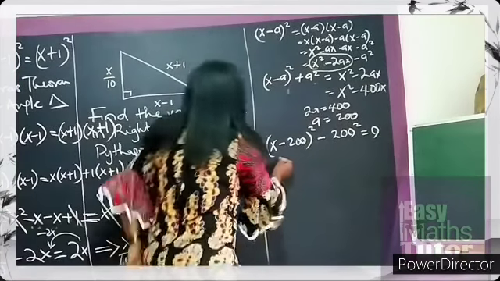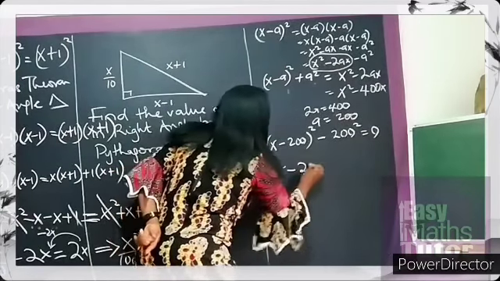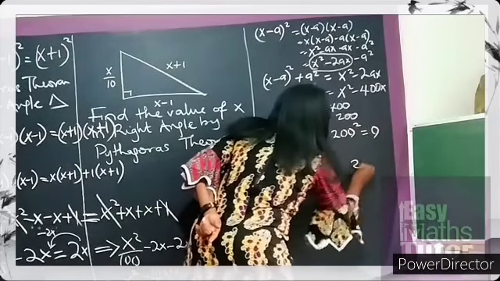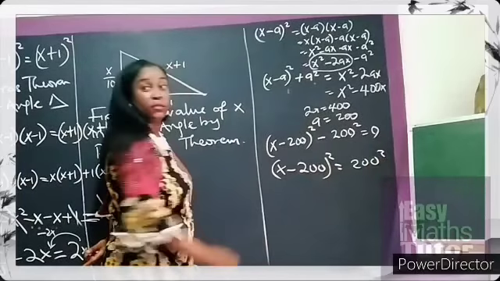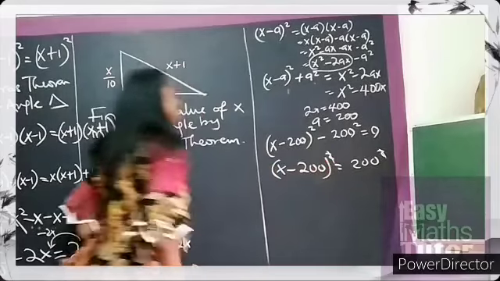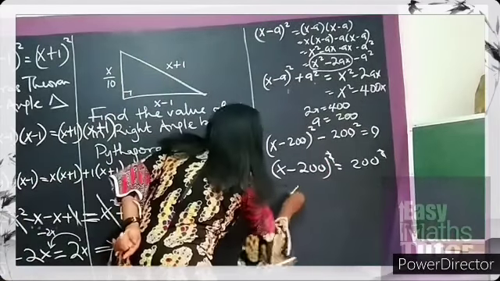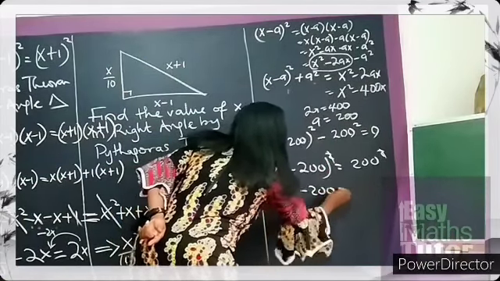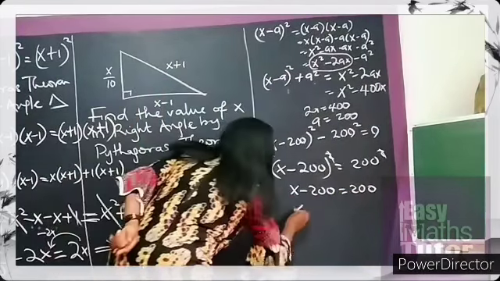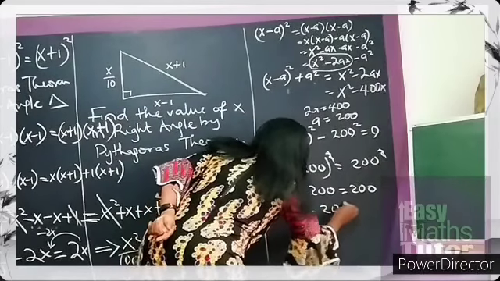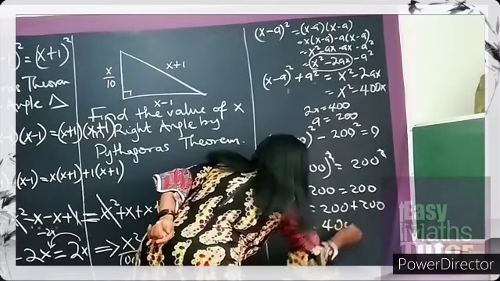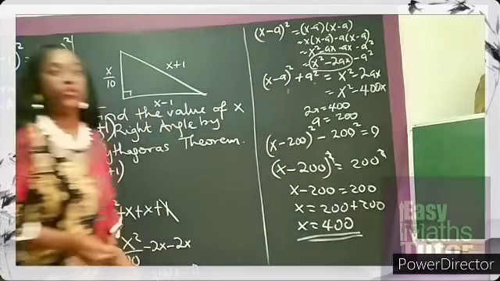So that will give us x minus 200 squared equal to what? 200 squared. So if we cancel out these squares, we'll be left with x minus 200 equal to 200. So that means x is equal to 200 plus 200. Therefore, x is equal to 400.